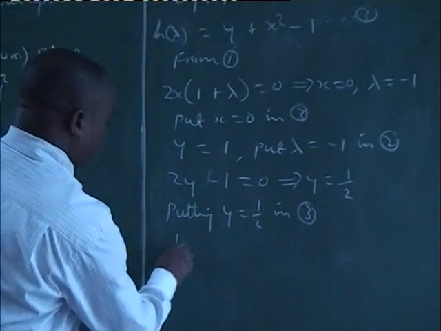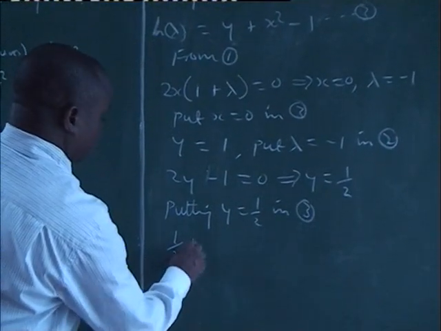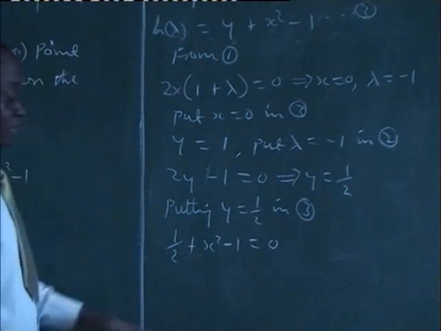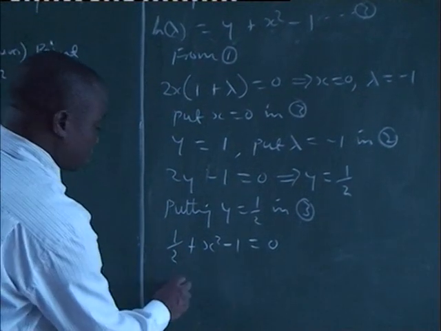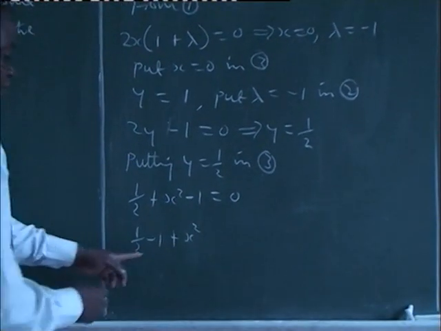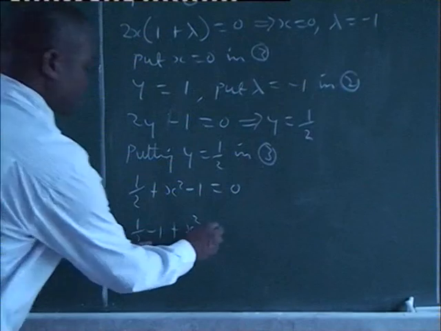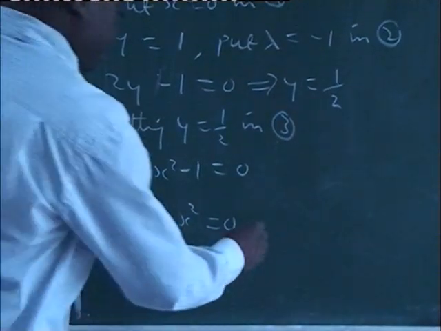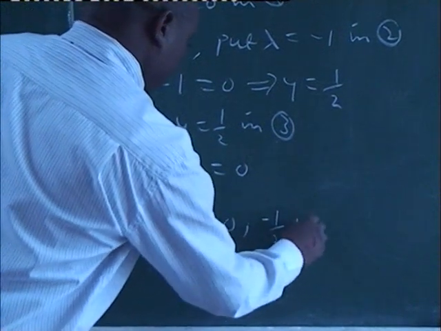I now have 1 over 2 plus x squared minus 1 equals 0, which means 1 over 2 minus 1 plus x squared equals 0. Now, what would this give? 1 over 2 minus 1 is minus 1 over 2, plus x squared equals 0.